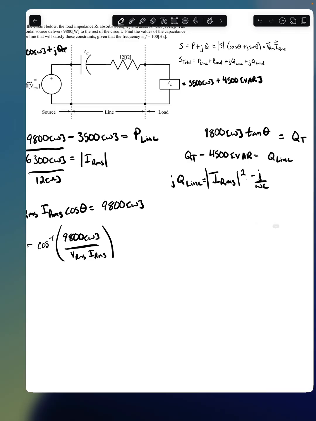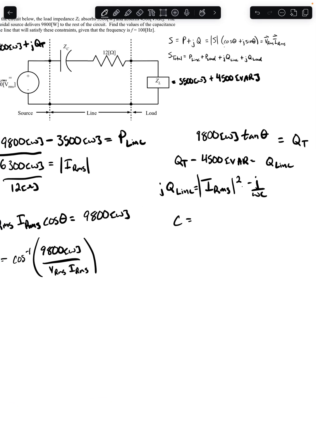And we find that C is equal to I RMS squared over Q line times omega. And then because j comes out, we have a -1 here.